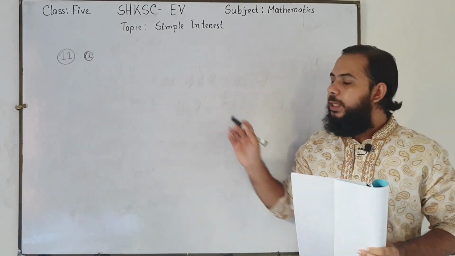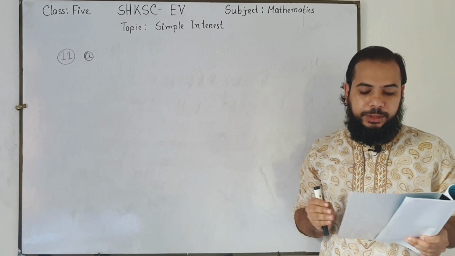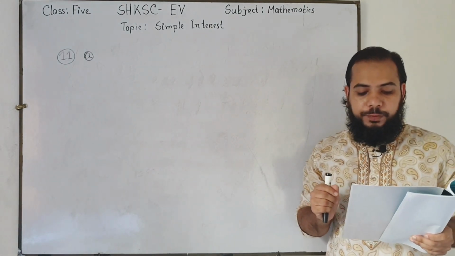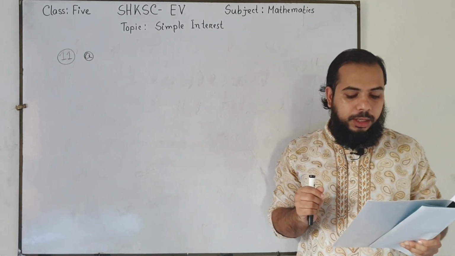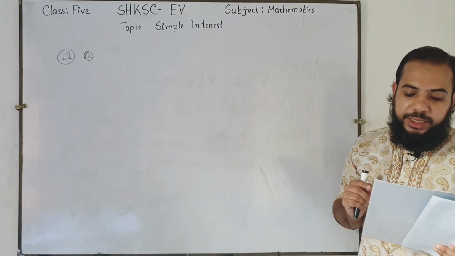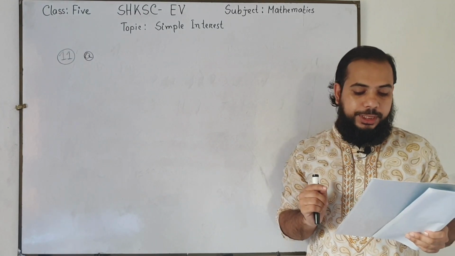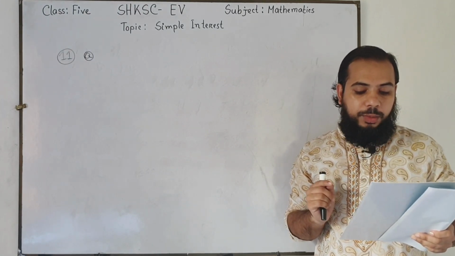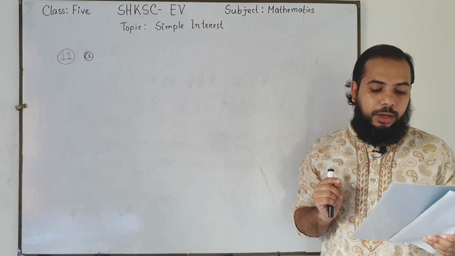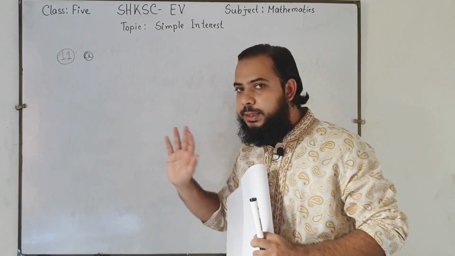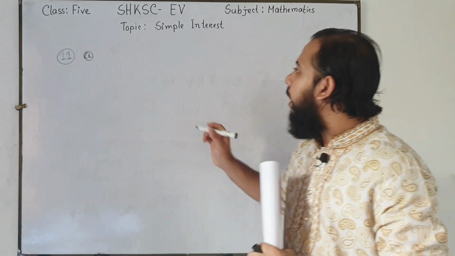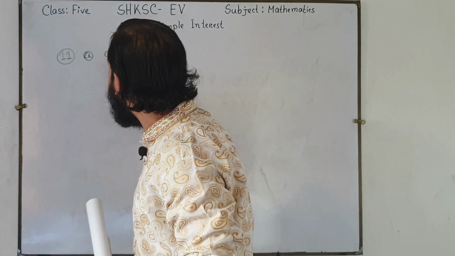Now we start question number 11. At first we read the question. Raima borrowed 14,000 taka from a bank for 4 years with an annual interest of 7%. Question number A asks, how much was the annual interest of 14,000 taka? Same as before, at first we have to write the given.